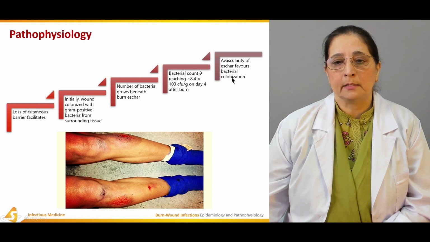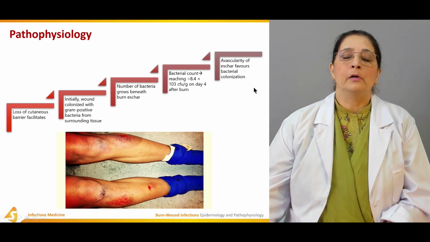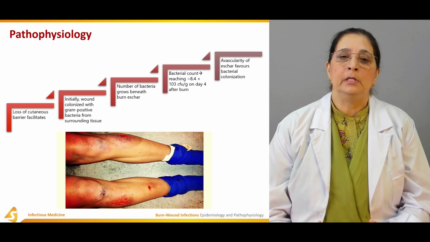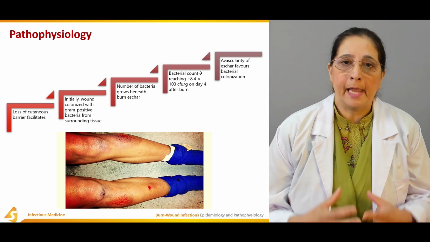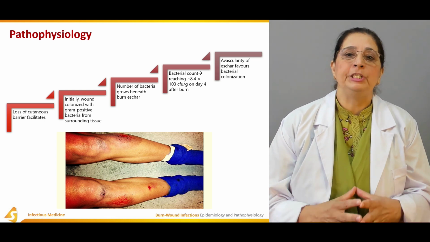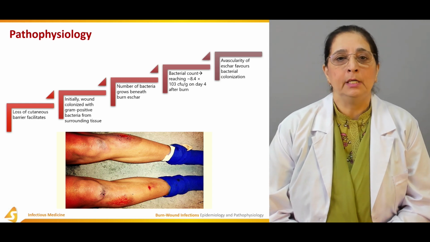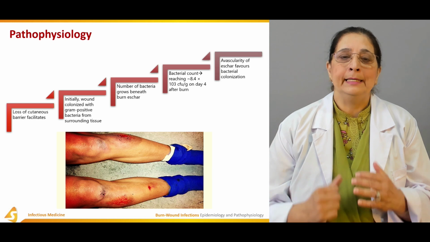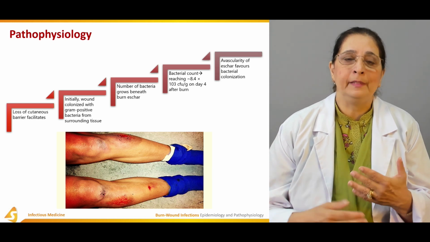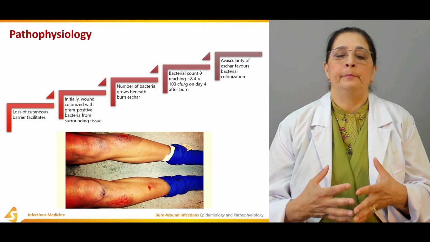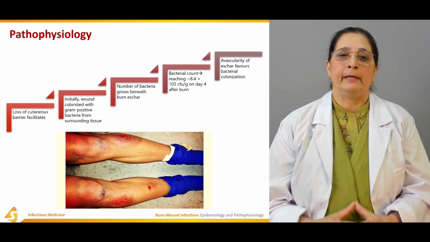Avascularity of eschar favors bacterial colonization. So the avascular blood supply to the eschar tissue, the dead tissue that develops as a result of the burn injury, further leads to the process of infection development.